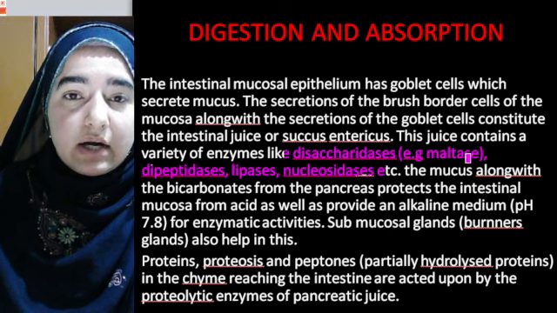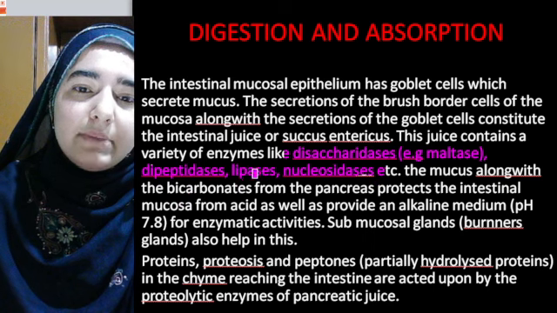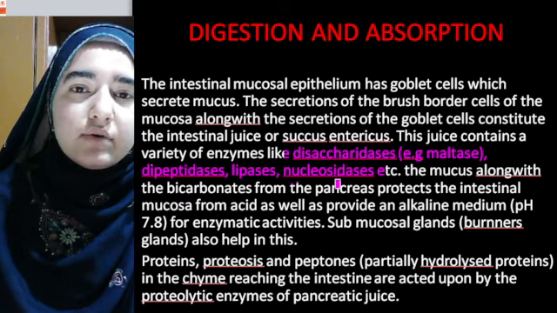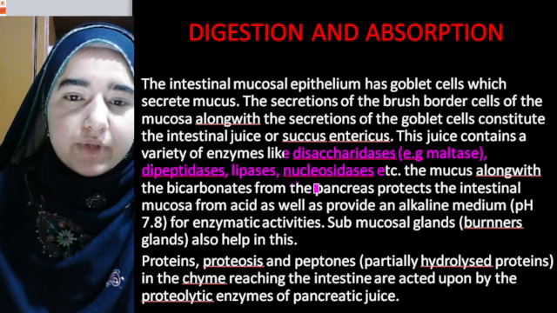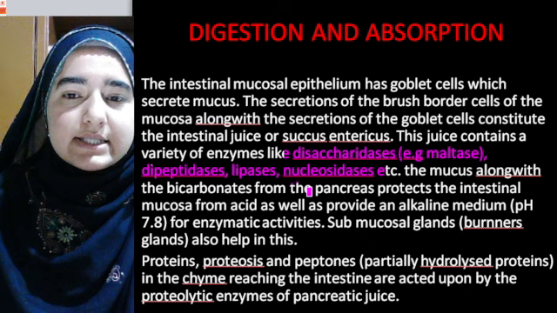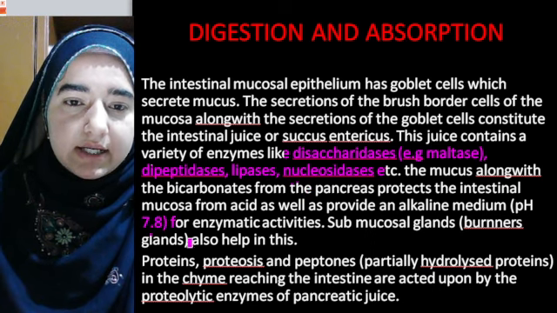Maltase will break down maltose, dipeptidase will break down peptides, lipases will break down lipids and fats, and nucleosidases will break down nucleic acids like RNA and DNA. Please remember that the pH of the intestine is 7.8.